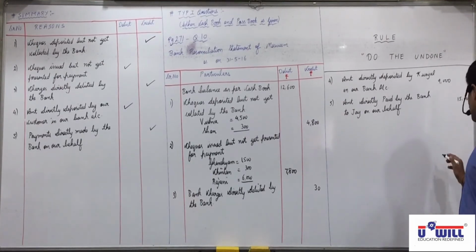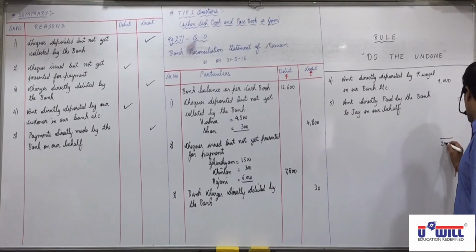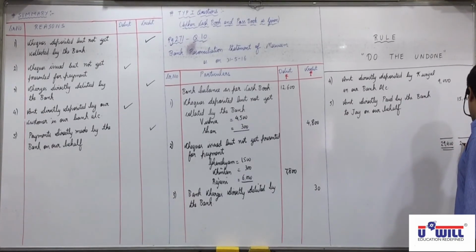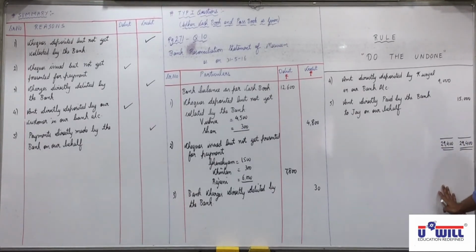Leaving around 2 lines, write 29,400 on both the sides. All are able to get 29,400? Write 29,400 on both the sides. Did you understand this? Did you all write this?